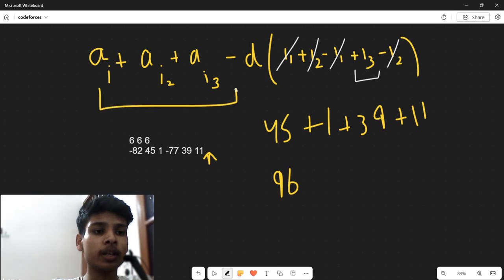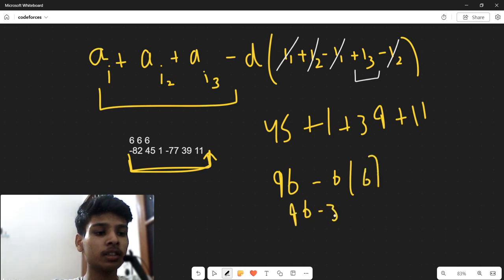Then my sum is coming to 96. Then I will simply subtract 6, because 6 is my d, multiplied by 6, because I'm checking a subsequence of size 6. That is 96 minus 36, equal to 60. So this is the whole problem intuition.